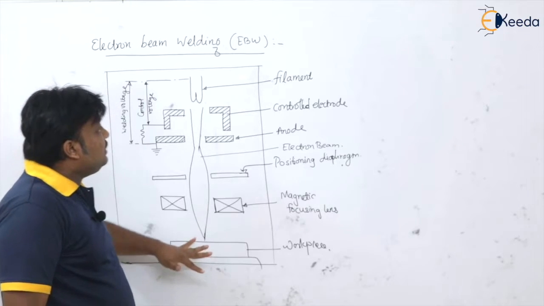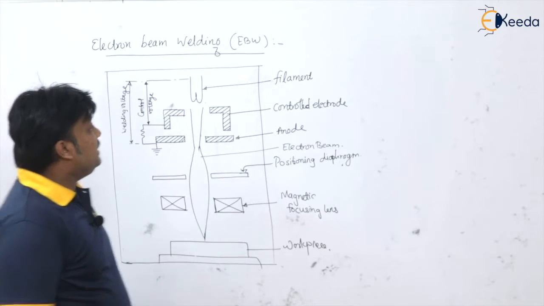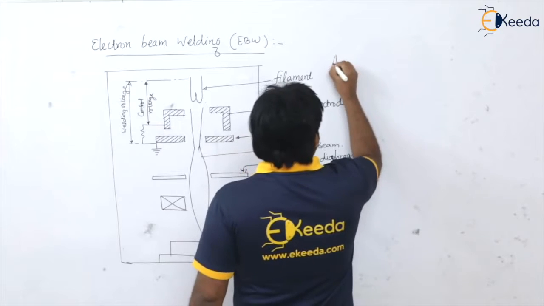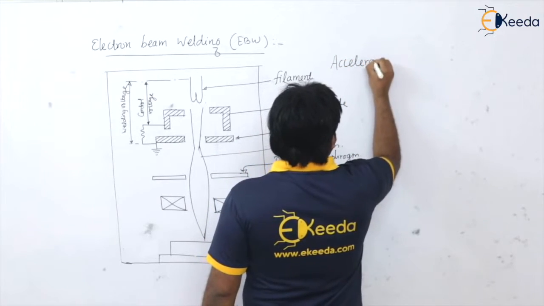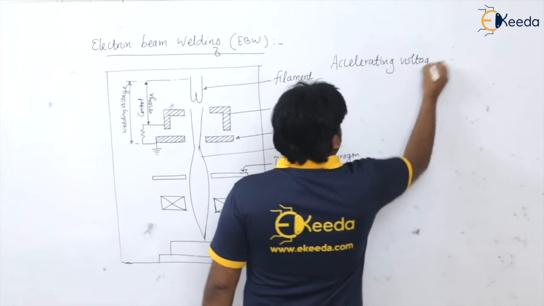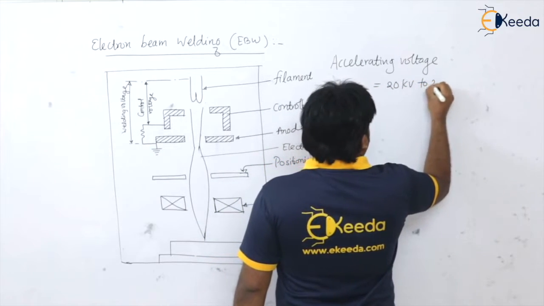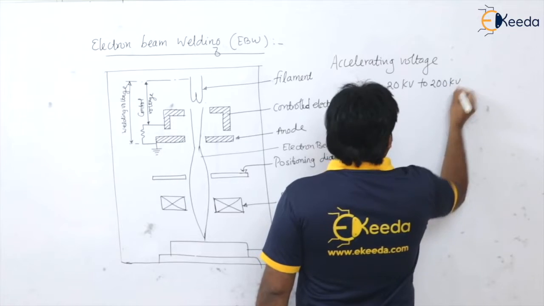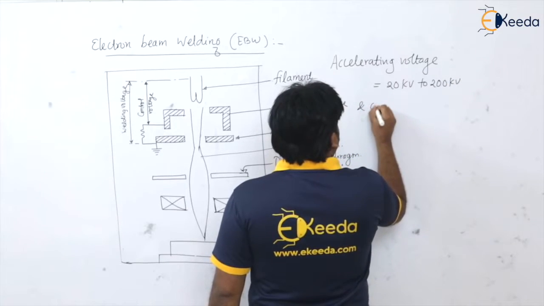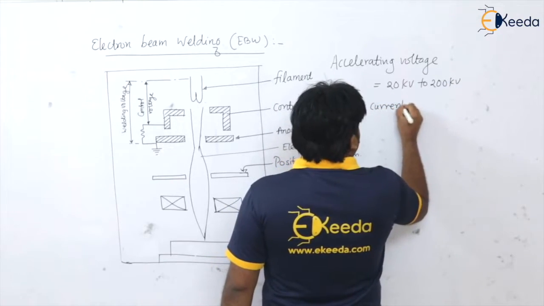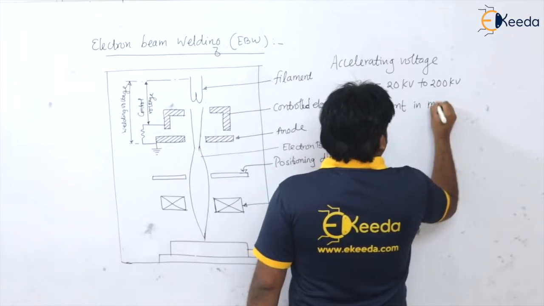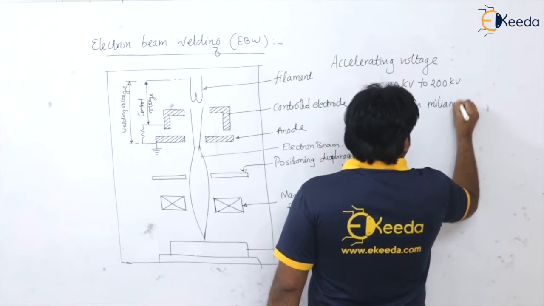Here, the accelerating voltage ranges from 20 kilovolt to 200 kilovolt, and the current is in milliamperes.